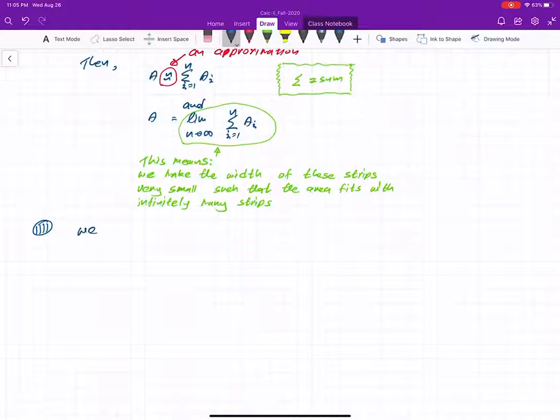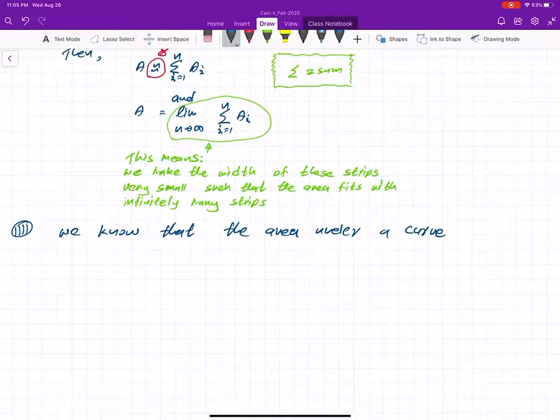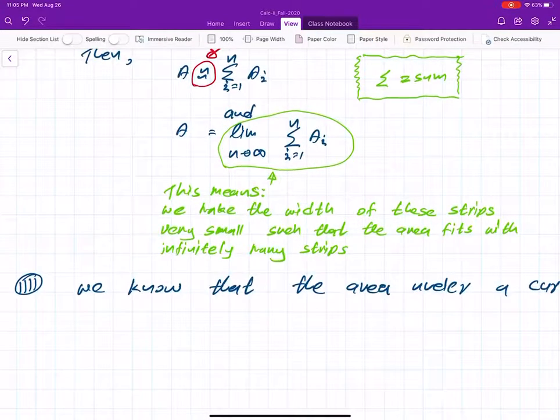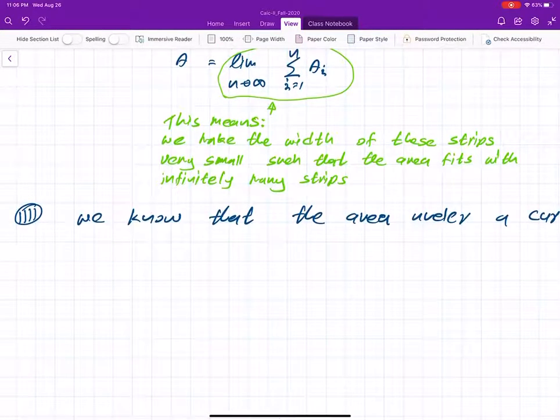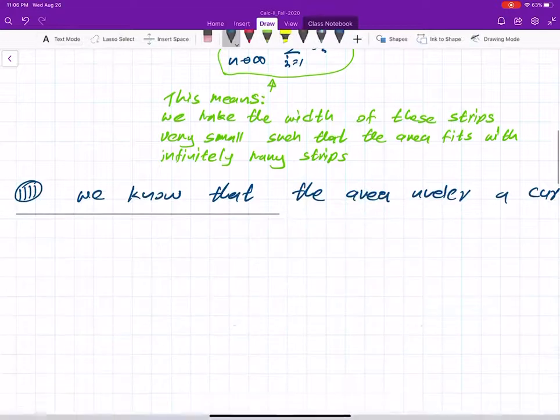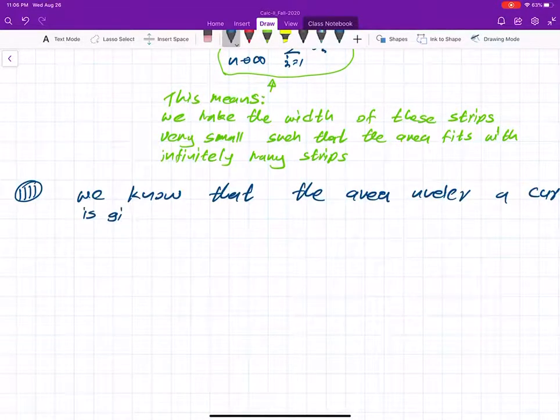We know that the area under a curve is given by the definite integration.